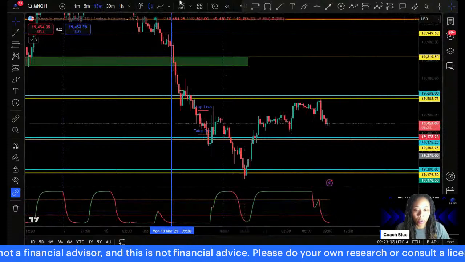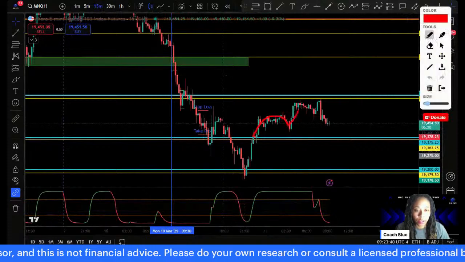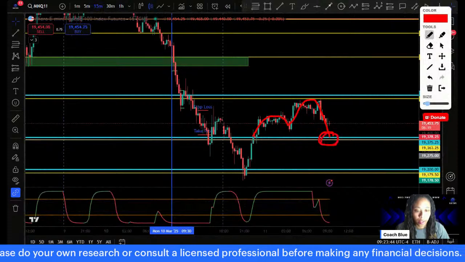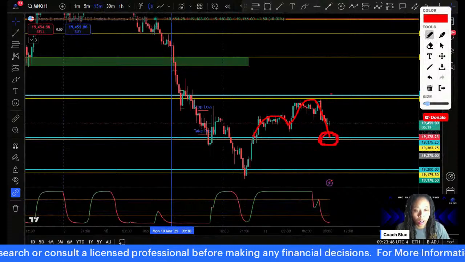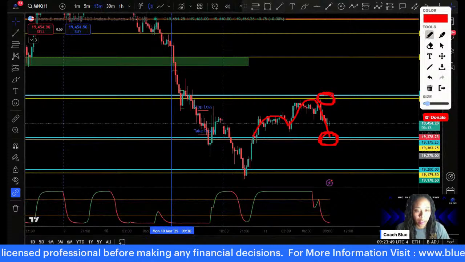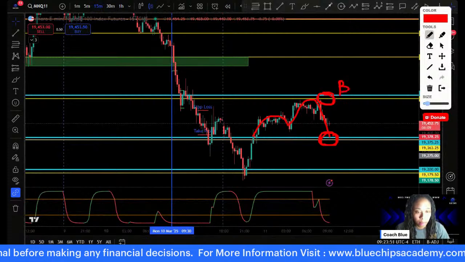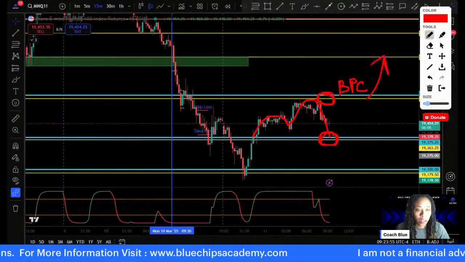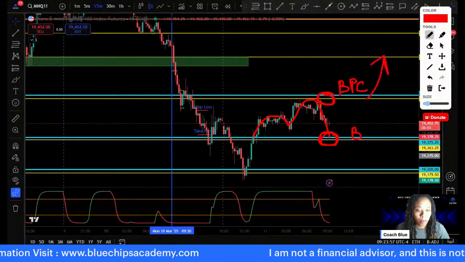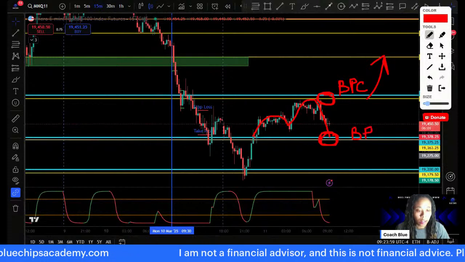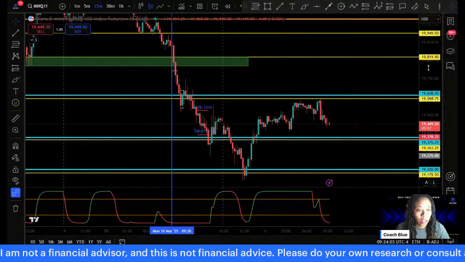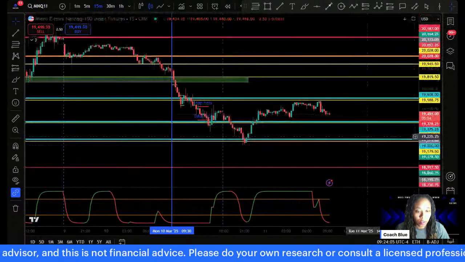All right, so I want to see how price responds at this area here. Somewhere in this area, or at this area here. Can we get a BPC to the upside, or can we get a BPC to the downside? Both opportunities have great potential, okay?